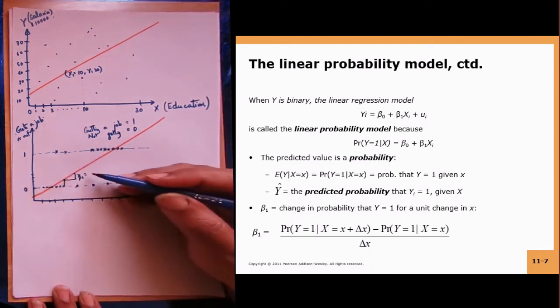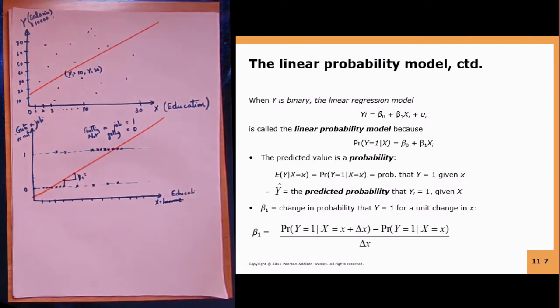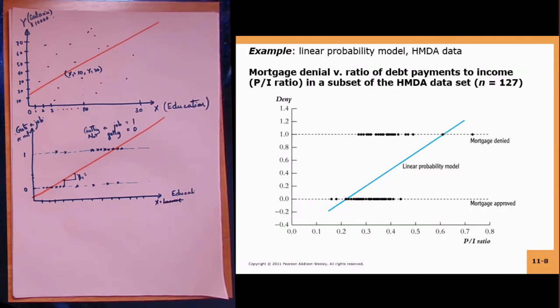So the change in the probability is the probability of y equals 1 given x equals x plus delta x minus the probability of y equals 1 given x equals x, divided by delta x. How much does your probability increase if you increase your education by a little bit? That is the incremental probability divided by the change in the independent variable.